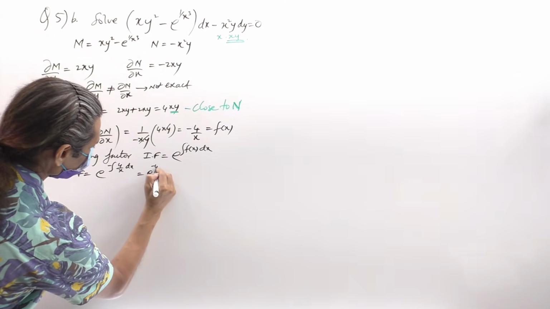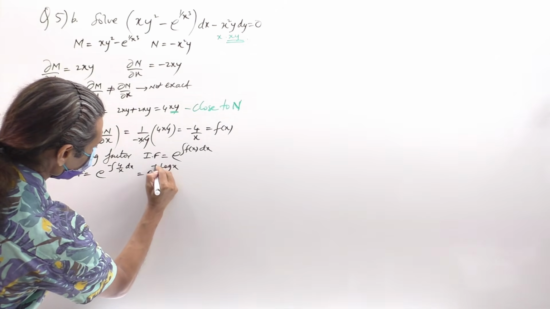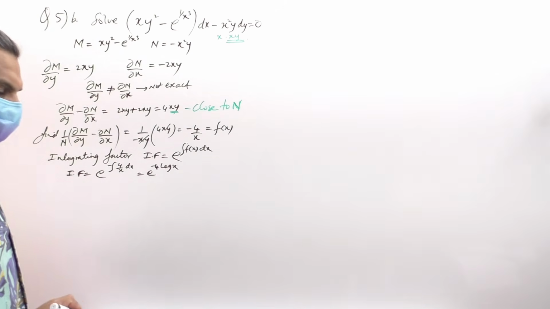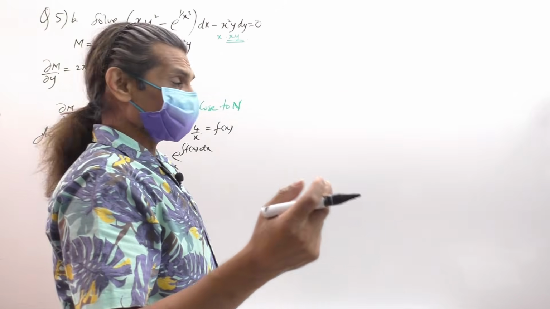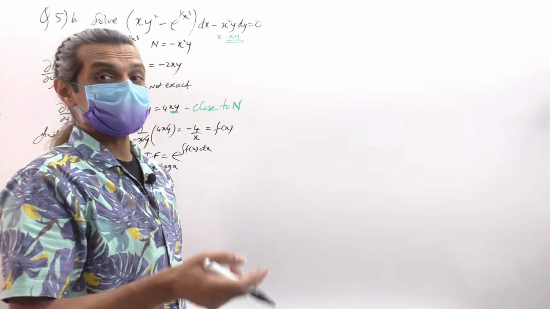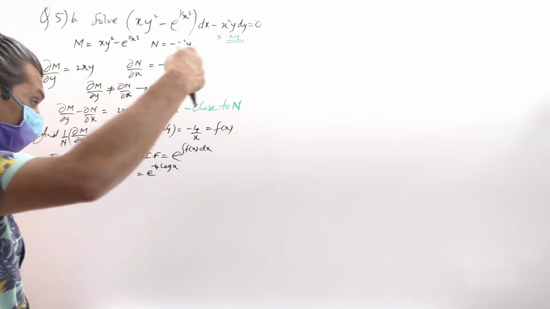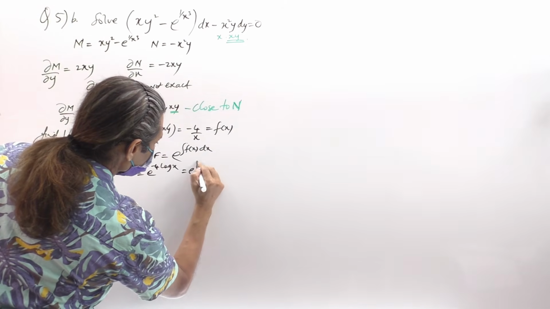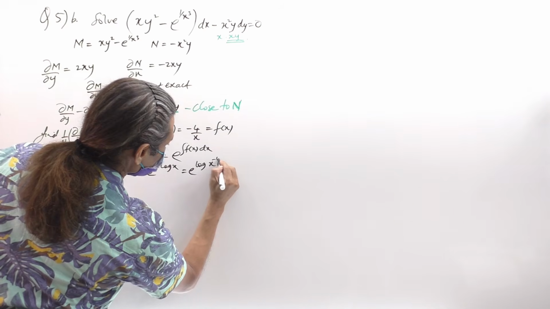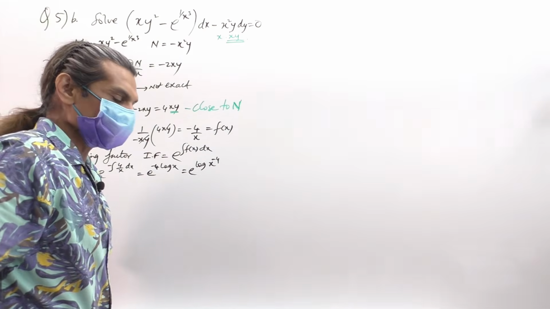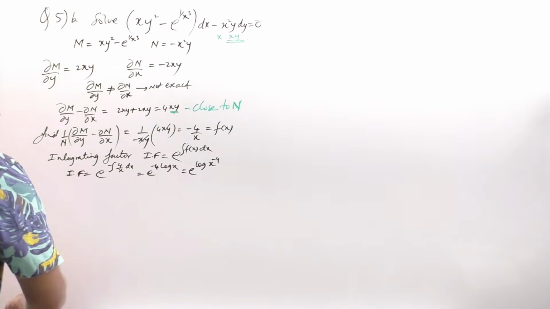So e raised to minus 4 into log x, and from the property k log a is log a raised to k, this is e raised to log of x raised to minus 4. And one more interesting thing here, e raised to log of something is something.